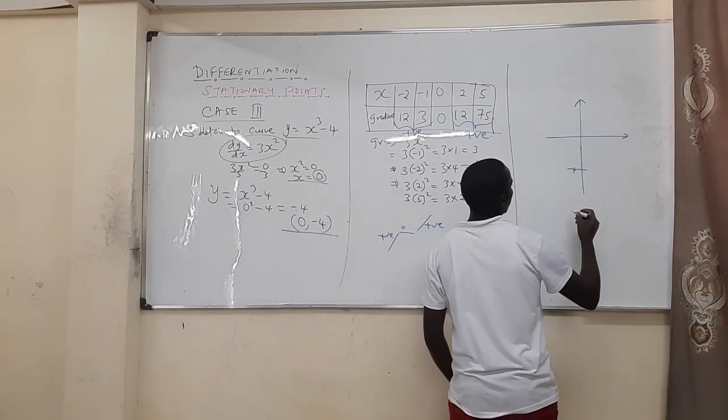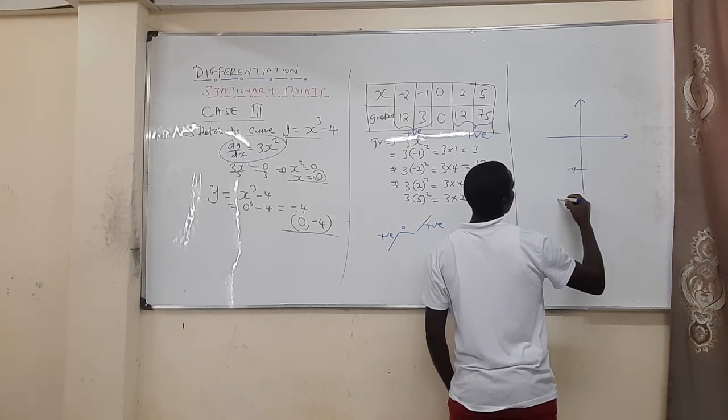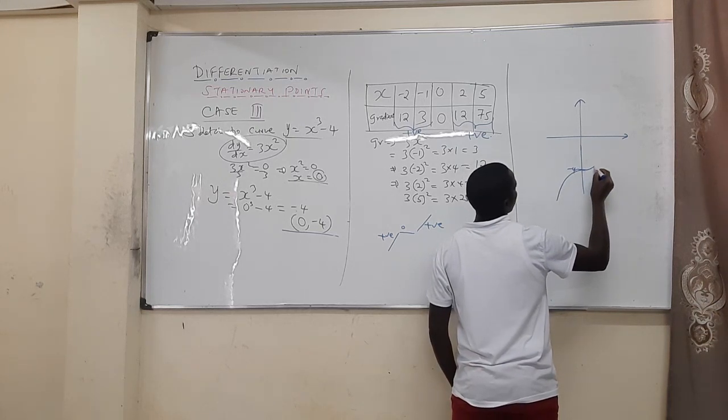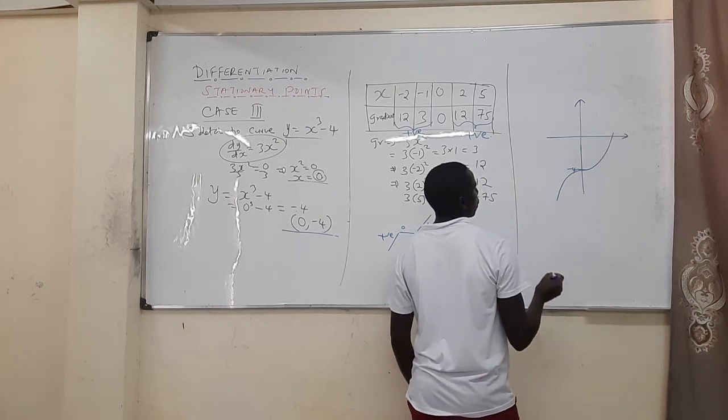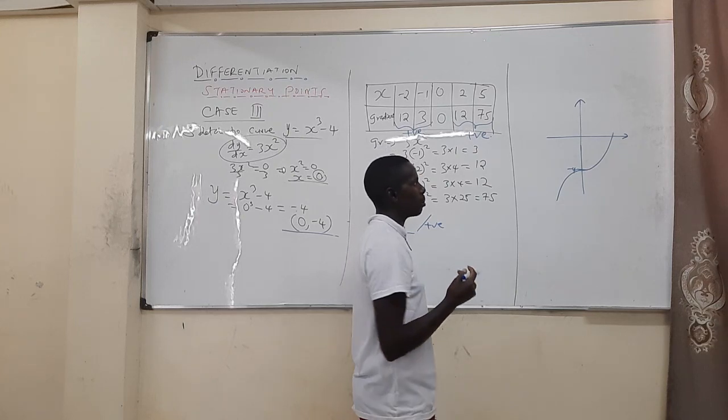So this is how you're going to have it. Positive, of course, coming from the lower side. So you have that, then 0, and then it continues to be positive. That is our sketch of the curve. That's how the curve behaves.